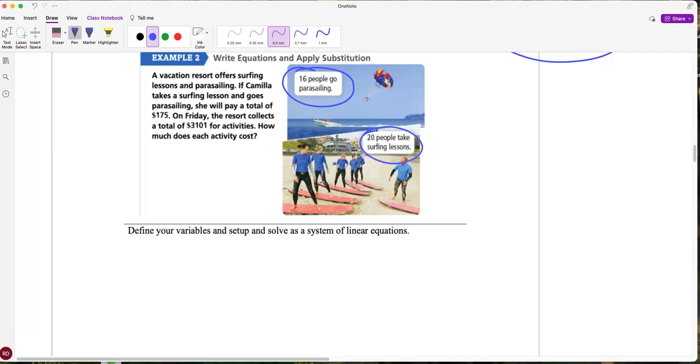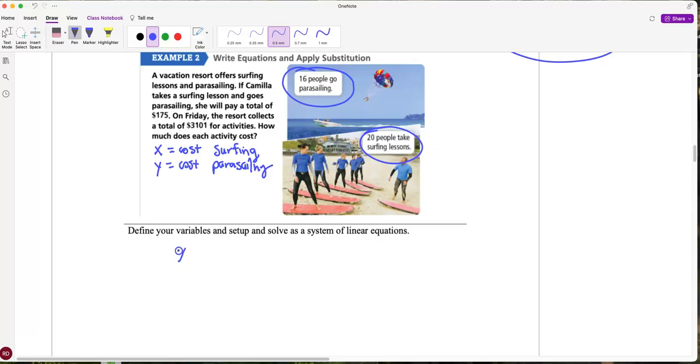So just set up our variables. If x equals the cost of, what are the two things, surfing, and y equals the cost of parasailing, can I come up with two equations? We know that Camilla took one lesson of each.